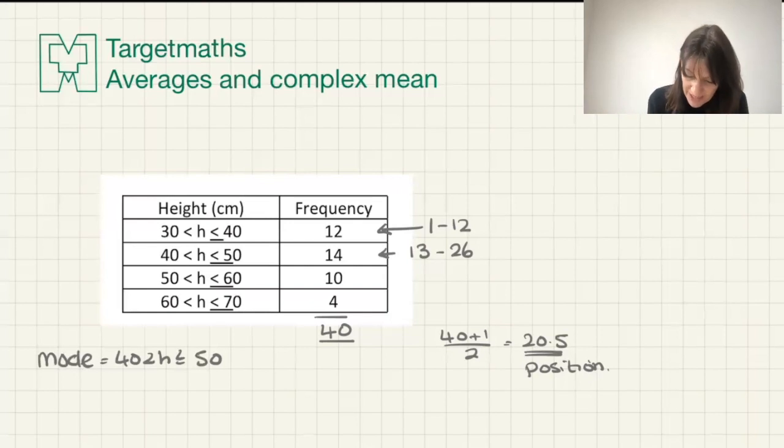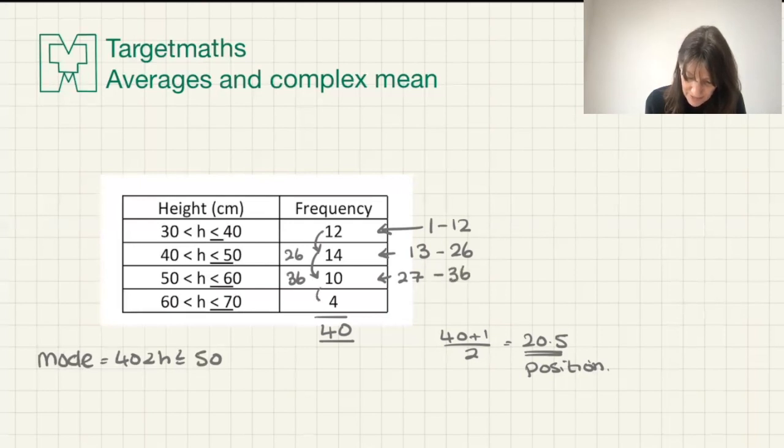And then when I go to the next column, I know the 27th number in this list starts in the third row. I'm adding the 10 to the 26. So I've gone 12, add that 14, I've got 26. Add that 10, I've got 36. So these numbers start at 27 and go to 36.